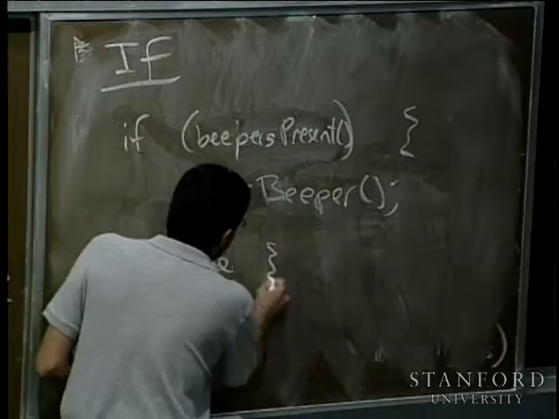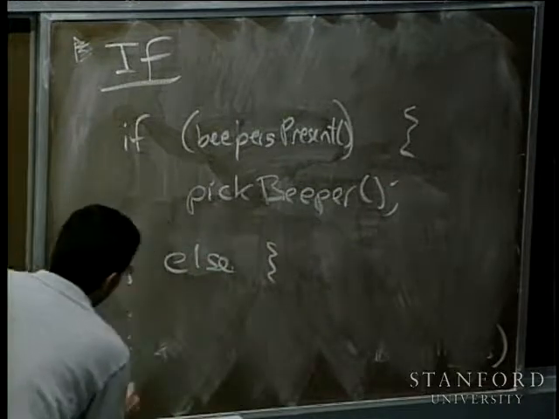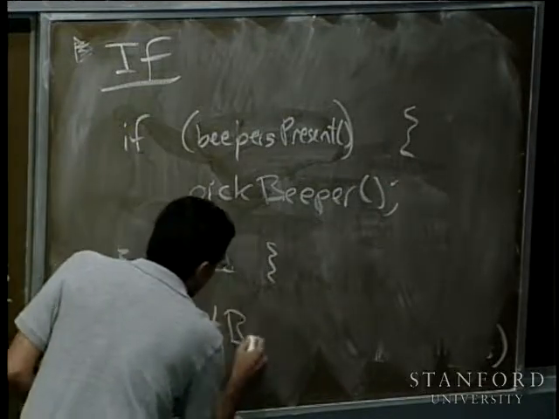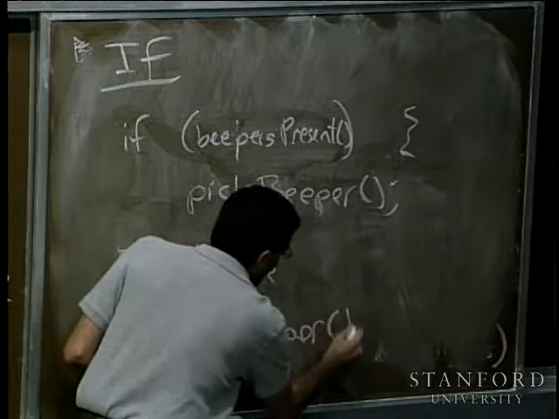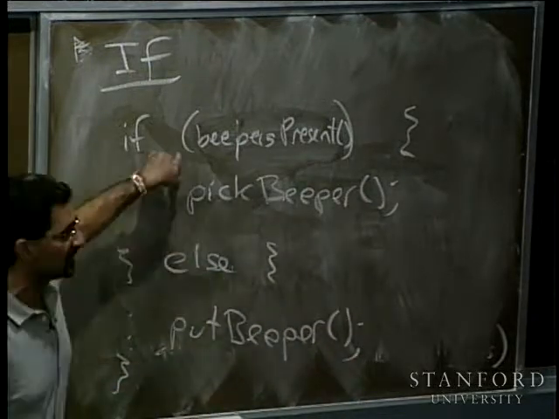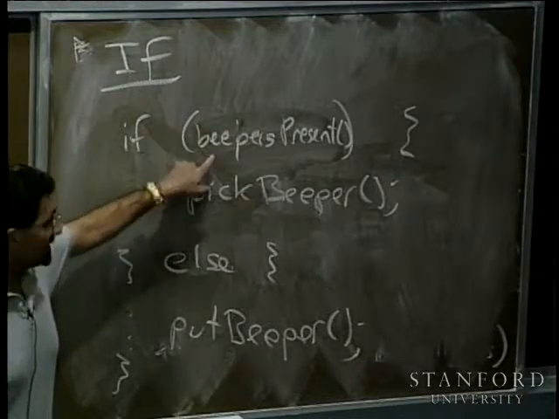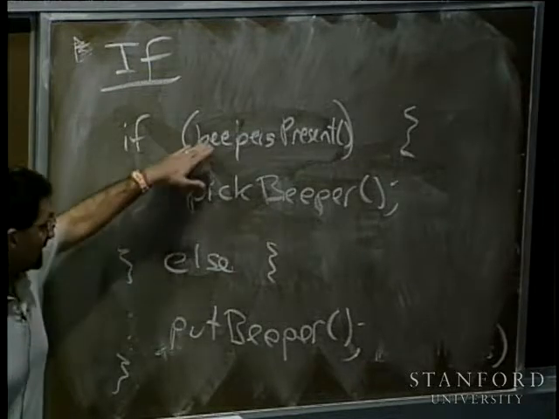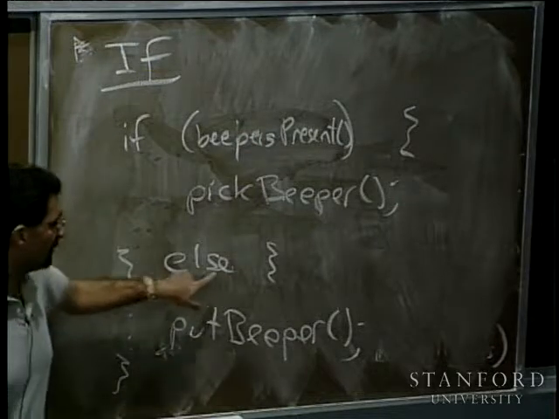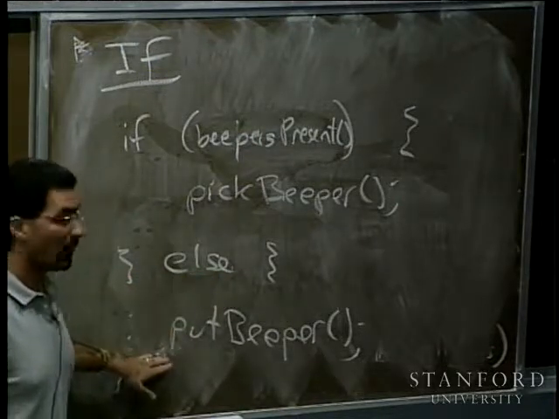So, else, and then we're going to have another body here, put beeper, assuming that Carol has beepers in his bag. So what this says is if there's a beeper present, then pick it up. If there is not a beeper present, it doesn't try to pick a beeper. It skips this part and does the part that's referred to by the else, so it will put a beeper.